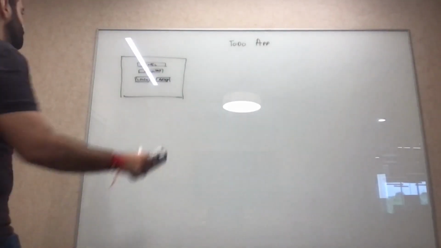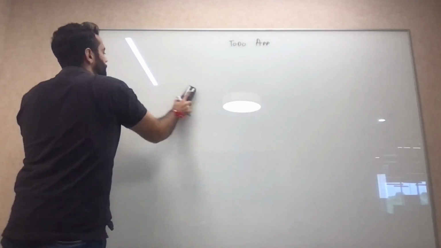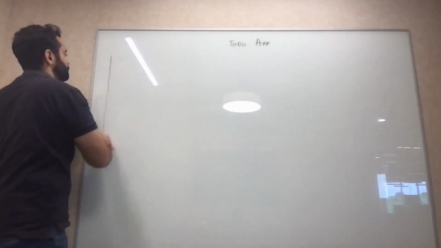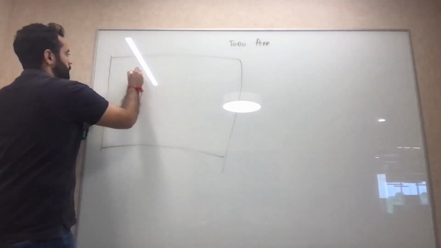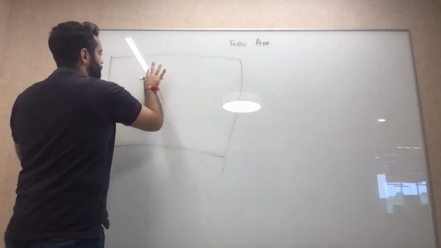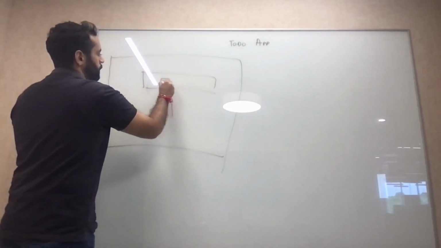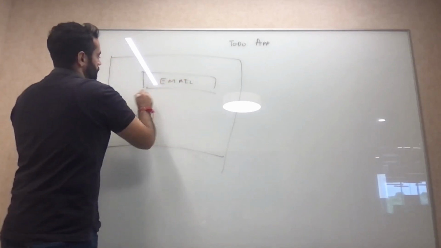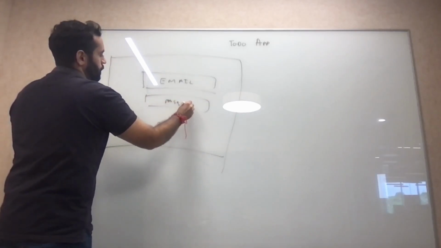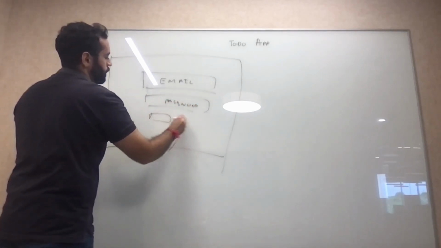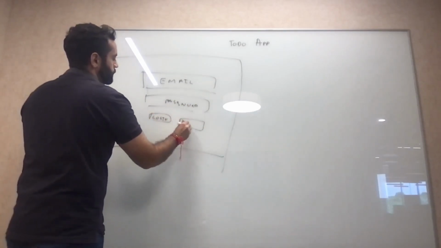Let me just draw it a little bigger. So this is the email, password text box, and then login and register. Okay. Now this is the first structure of that.